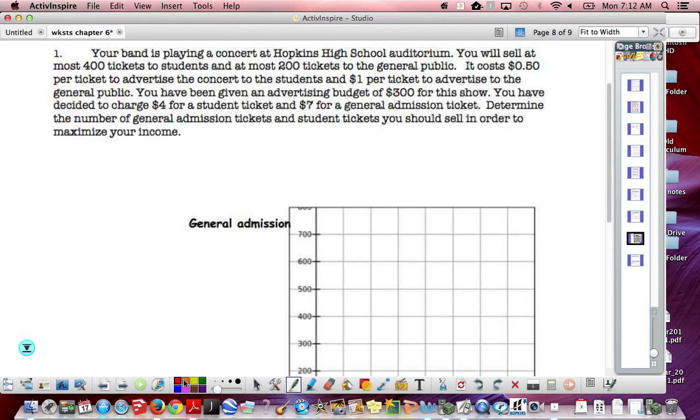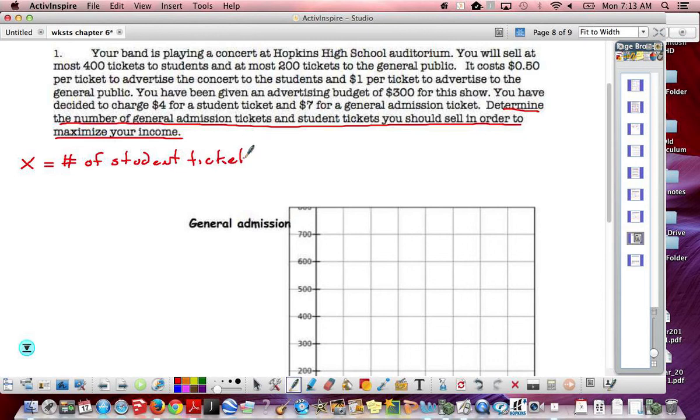Well, again, I can't emphasize enough the last sentence. In the vast majority of these problems, they tell you how to define your variables. So we're going to let x equal the number of student tickets and we're going to let y equal the number of general admission tickets.